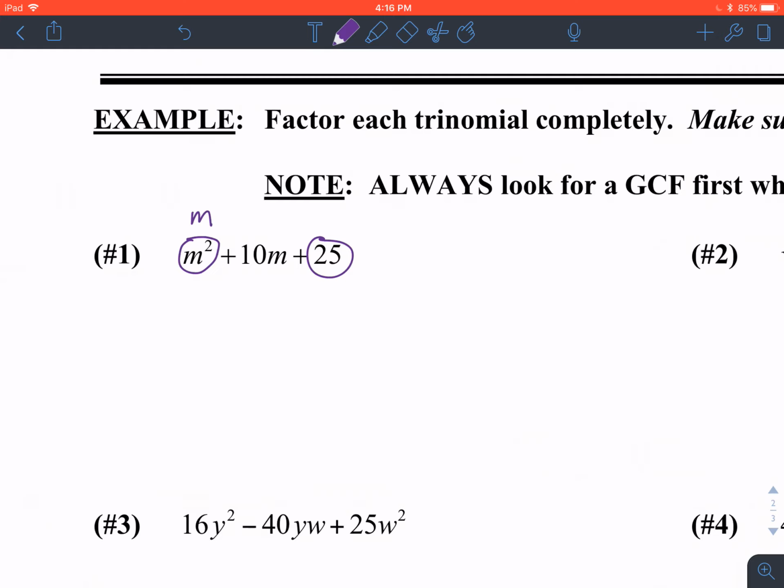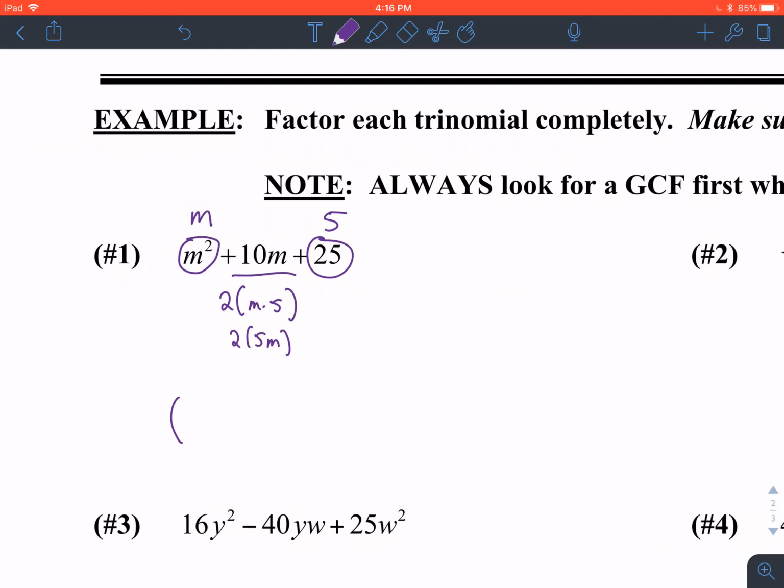And what's the square root of 25? It is 5. And so, if this is a perfect square trinomial, this 10m should be 2 times m times 5 multiplied together. What do you guys think? What is m times 5? And what is 2 times 5m? Is that 10m? Okay. It is, so that means this is a perfect square trinomial, which means it's going to factor.